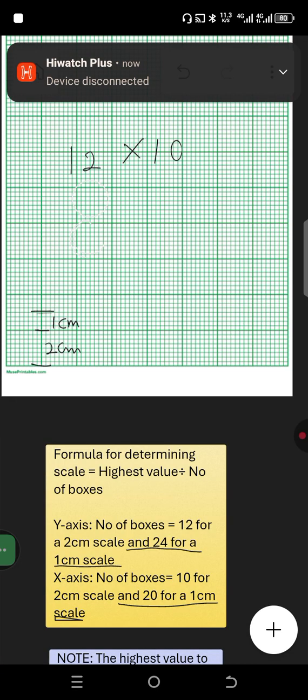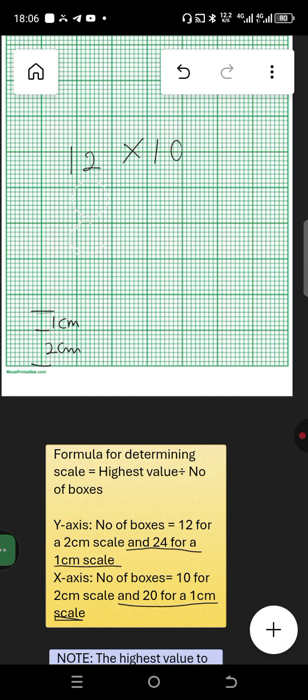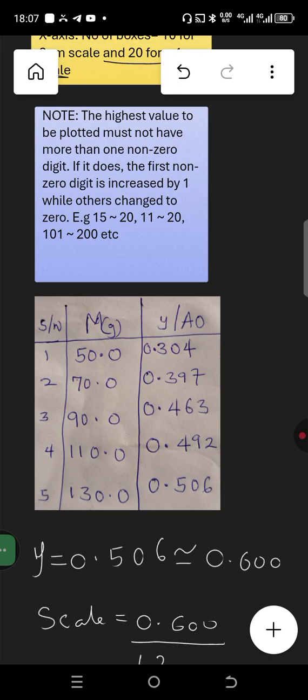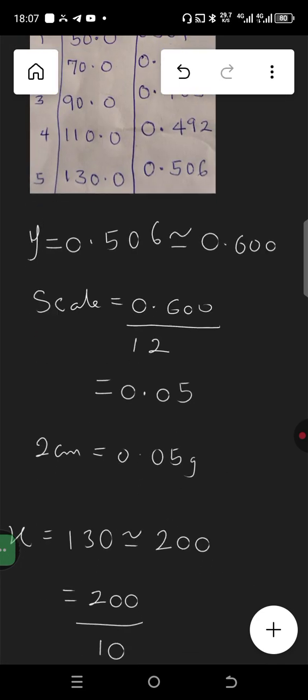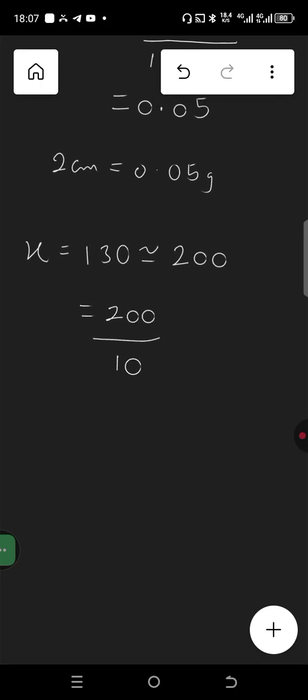Now during the scale, we start dividing from the highest value and we keep going down until it gives us an appropriate scale in terms of 1, 2, or 5, or their combination with 0. Now let's continue. The highest number of boxes we have on the x-axis is 10.